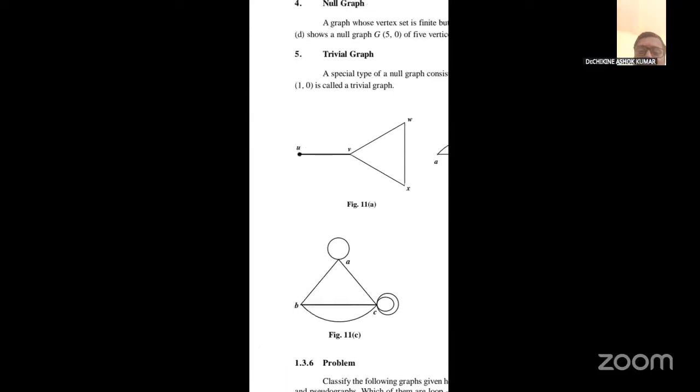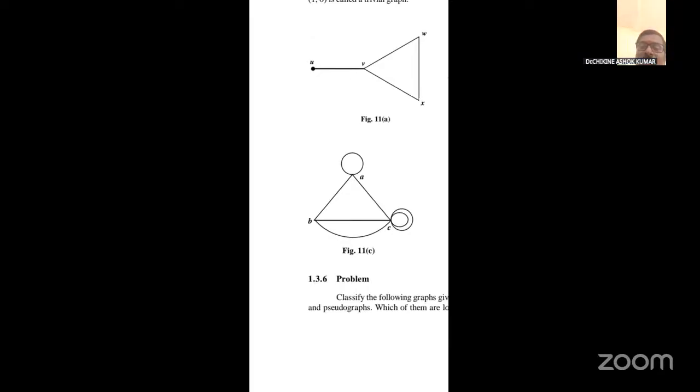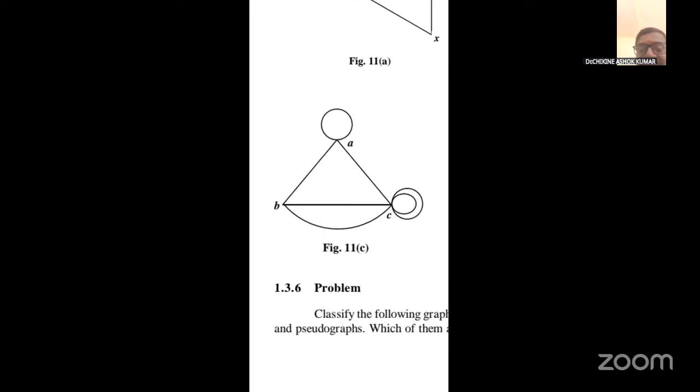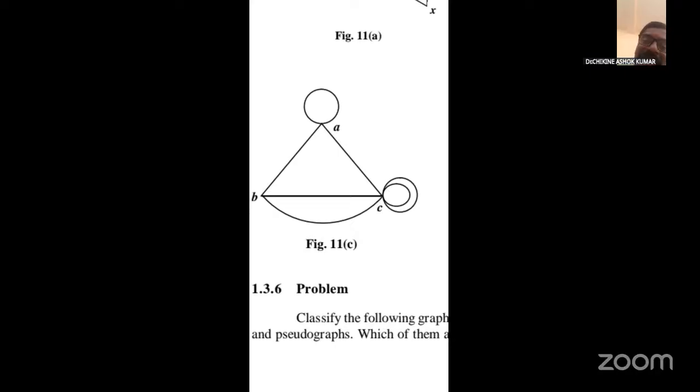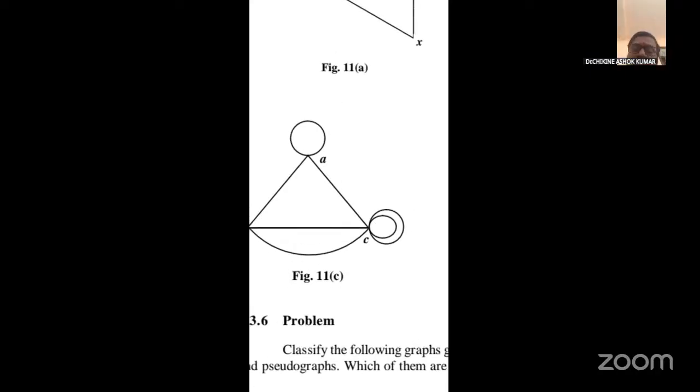And in this 11c, multiple edges are there between B and C. B and C are the two vertices, and these two vertices are connected with two different edges, one a straight line and one a half moon line. So we have two edges. Vertex A has a self loop, and vertex C also has two different self loops.